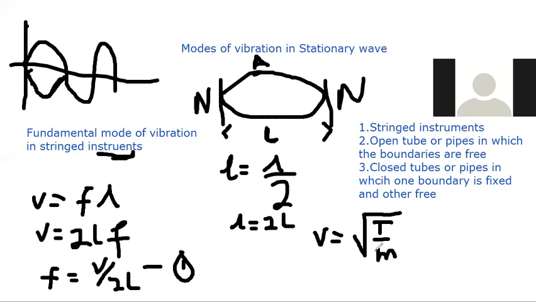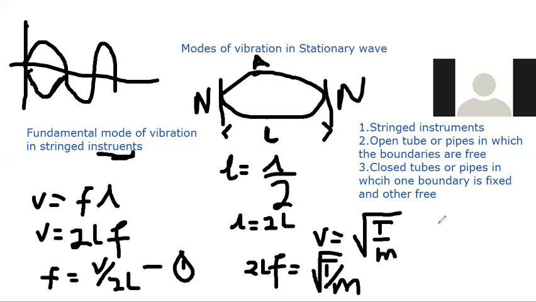Now, looking at this, we know that V is also equal to 2Lf. So we can say that 2Lf is equal to the root of T all over M.